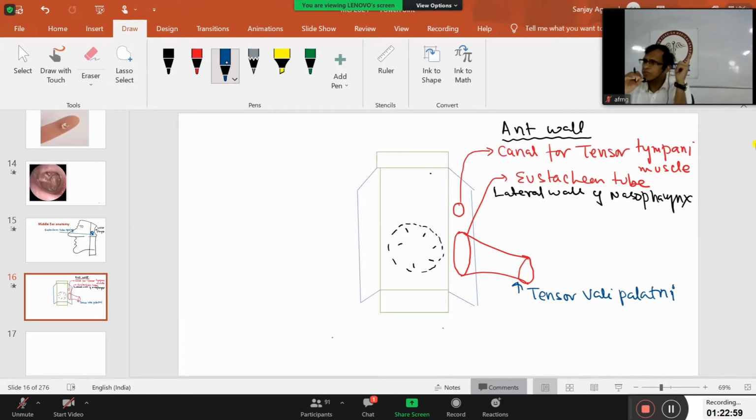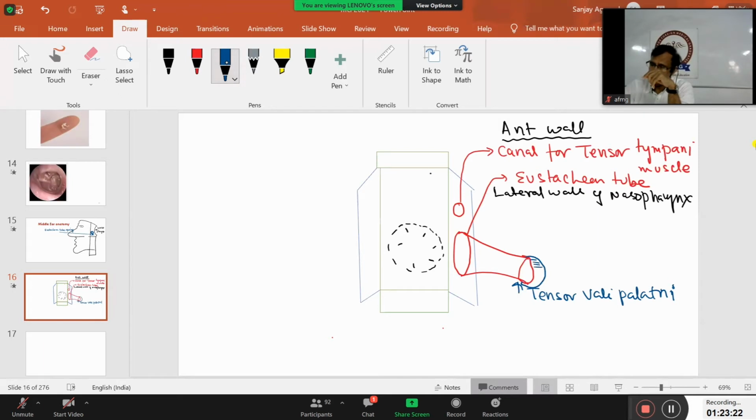From the name of this muscle, what do you understand? It's a muscle of which part of the body? Palatini, palatal muscle. It's a muscle of the soft palate. So your soft palate muscle is also attached to the eustachian tube. But why is it important here? Because of this muscle, this end of the tube has a bulge like this.